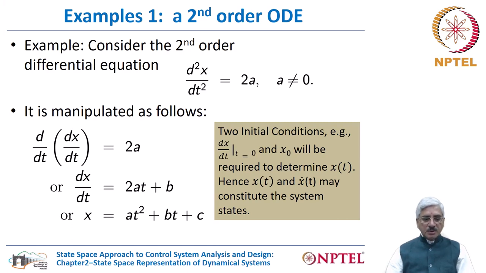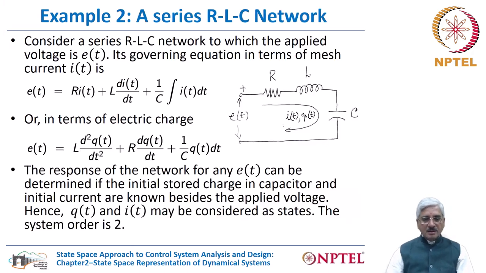The knowledge of these two is sufficient to have the solution of x with time because a is already known. So if dx by dt at t equal to t0 and x at t equal to 0 constitute a set, then that set qualifies as the state of this system, which is described by this second order differential equation. Let us next consider a series RLC network which we often come across in electrical engineering.